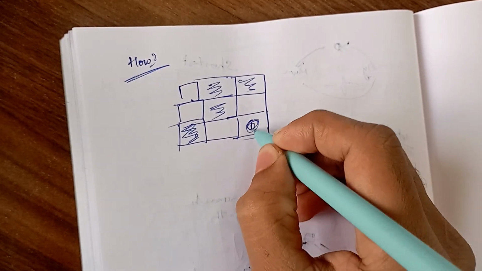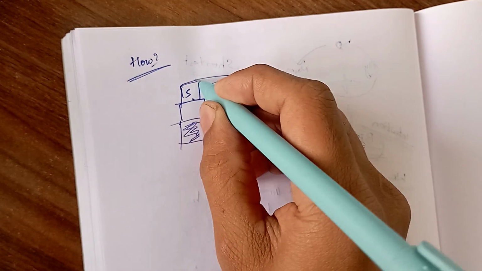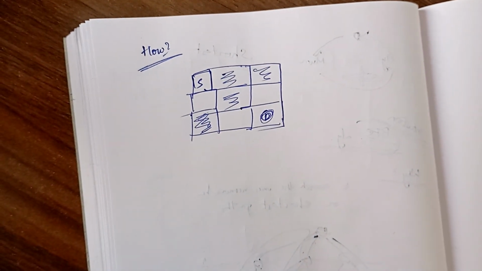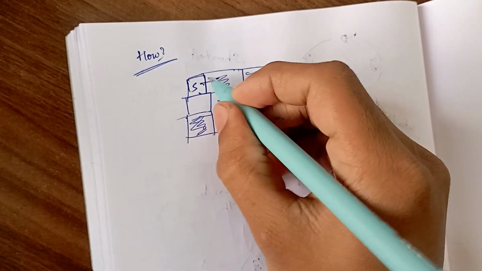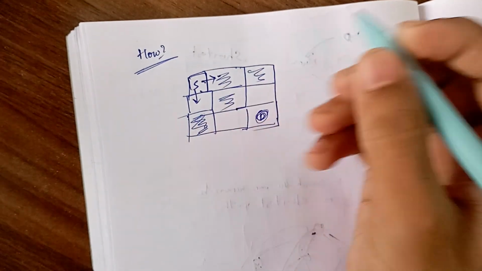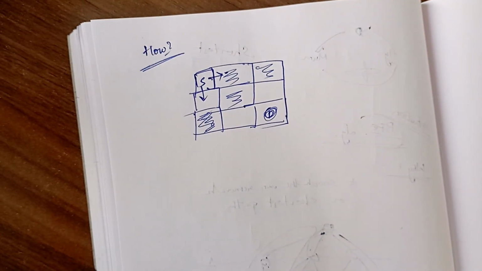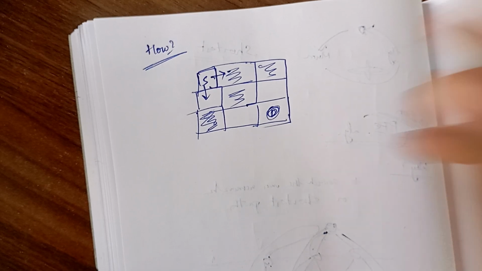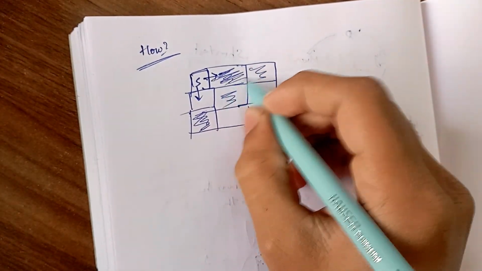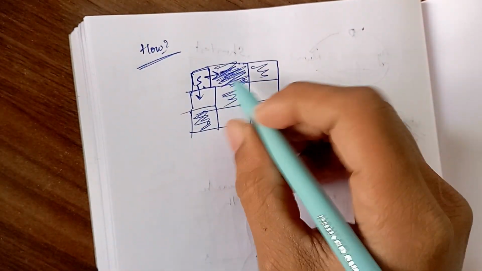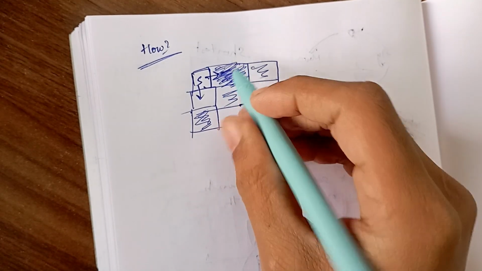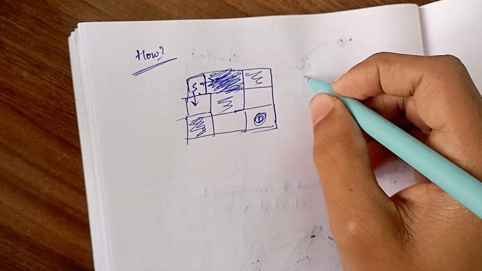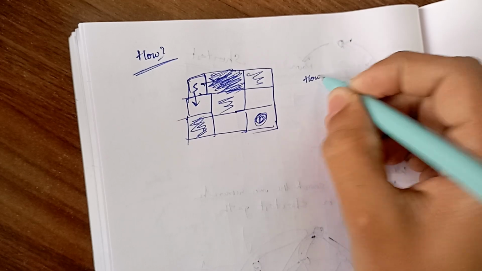This is the destination and this is the source. So what do you think? Should we go here first or should we go here first?